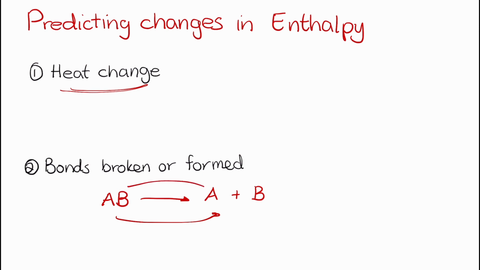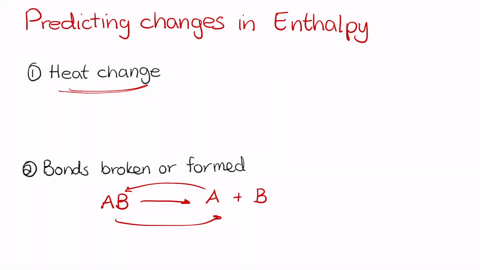However, when we go back from these individual molecules and we create a bond, this is an exothermic process, meaning energy is released, or enthalpy is being released. So the big take-home message is bonds broken, endothermic, enthalpy increases. Bonds formed, exothermic, enthalpy decreases.